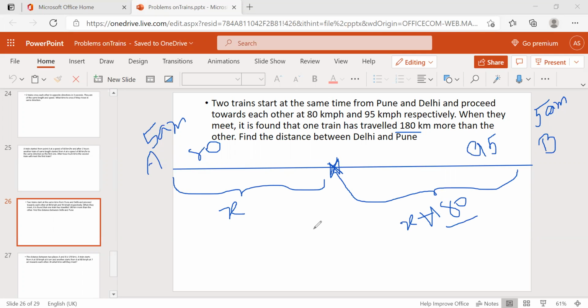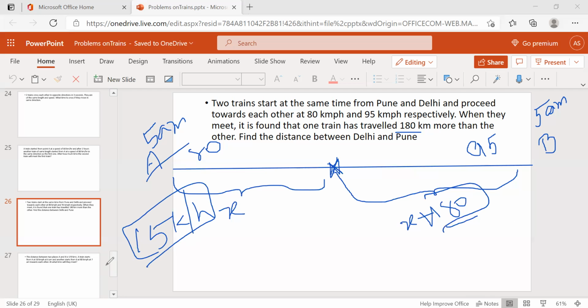Now, it's the same concept we are applying here also. The second train is how much faster? 15 kilometers per hour faster than train A. With this 15 kilometers, how much time does it take to cover 180 kilometers?